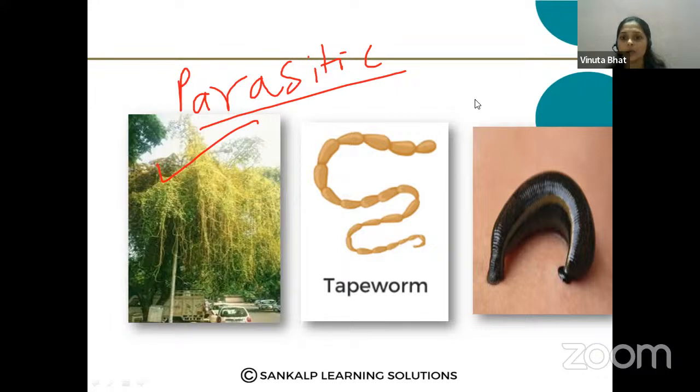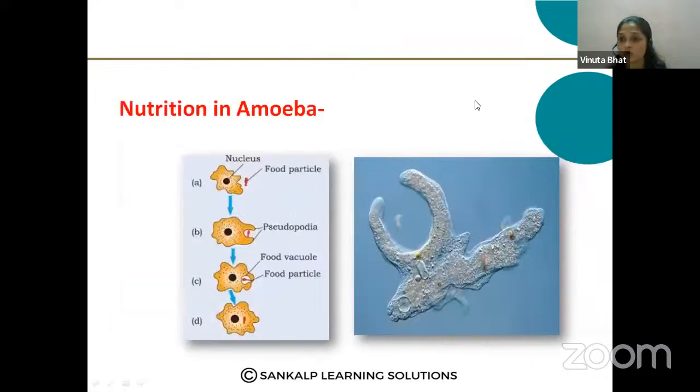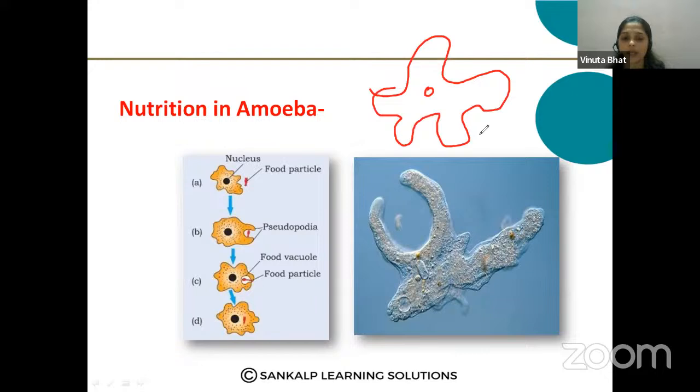Okay, then one more type of nutrition is holozoic nutrition, which we can observe in the amoeba and in human beings also. In amoeba, you know that it has an irregular shape. There is no definite body shape for the amoeba. So how does it obtain food?